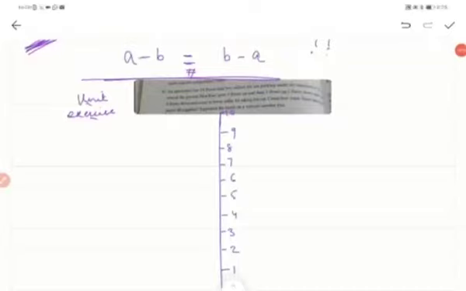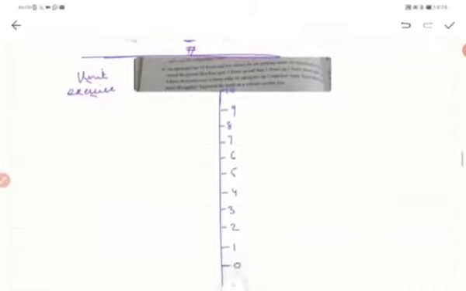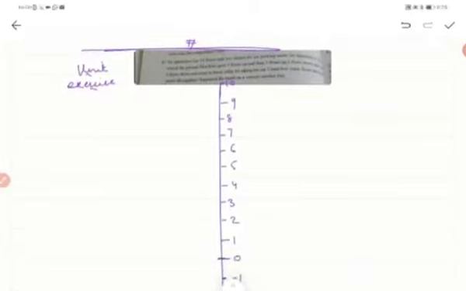So what they are saying, there are 10 floors. I have my ground floor here and the 10th floor here, and the lift is here initially. Ravi is going 5 floors up, that is +5, up means +5.